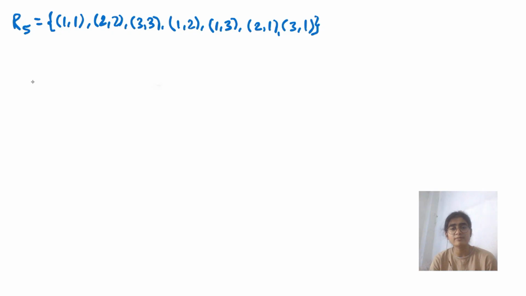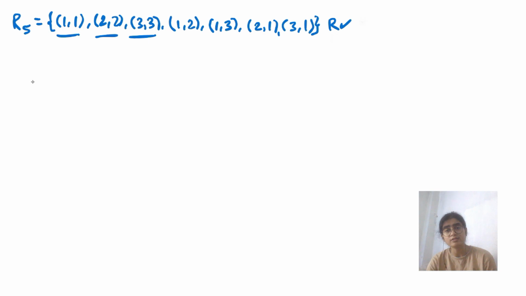So you need to tell me whether it is an equivalence relation or not. So let's check it together. For reflexive, we should have (1, 1), (2, 2), and (3, 3) because the relation was on set A whose elements were 1, 2, and 3. So yes, we have (1, 1), we have (2, 2), and we have (3, 3). So yes, it is reflexive.